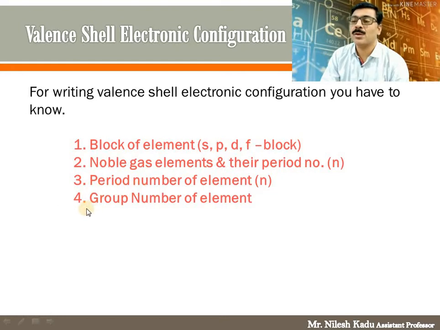And the last thing you have to know is the group number of the element, means on which group the element is present. It is present in first group or second group or third group. You have to know this. Means on the basis of these four things, you can easily write the valence shell electronic configuration of the element.